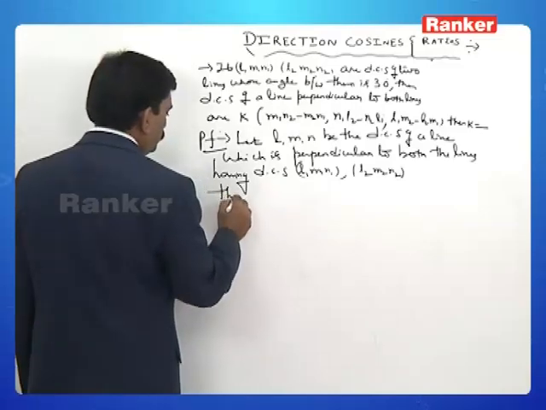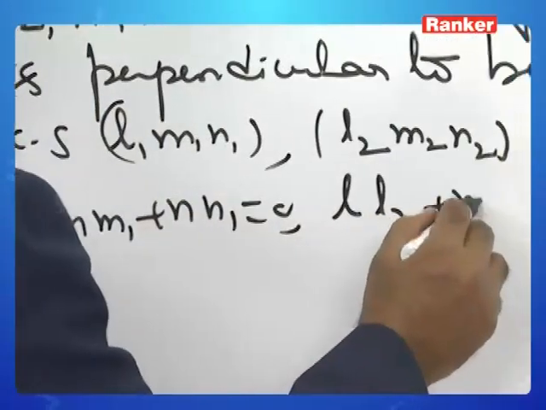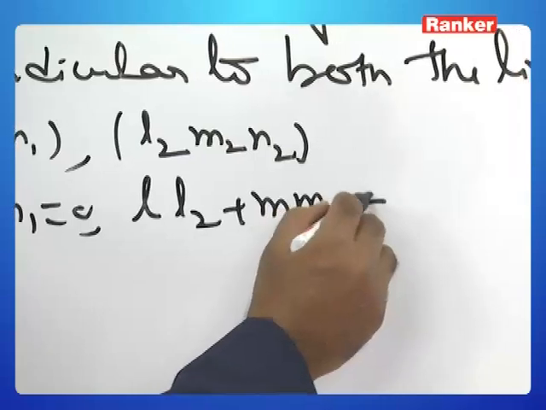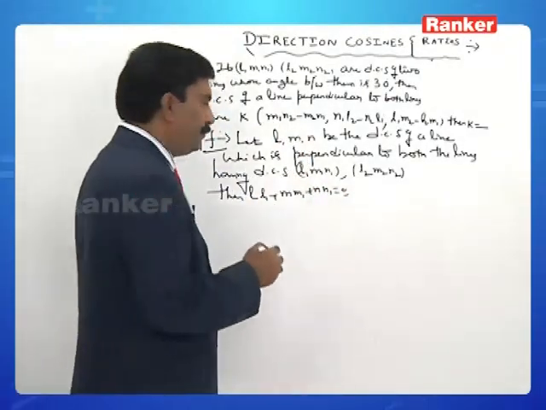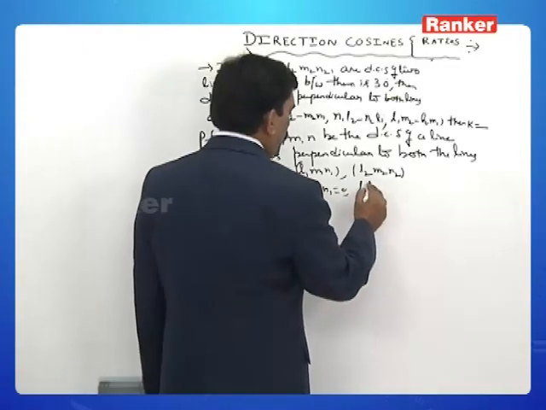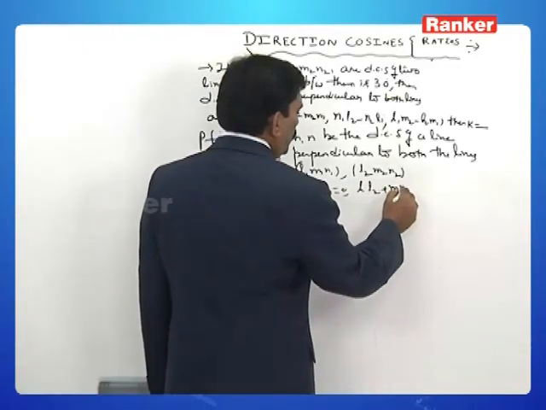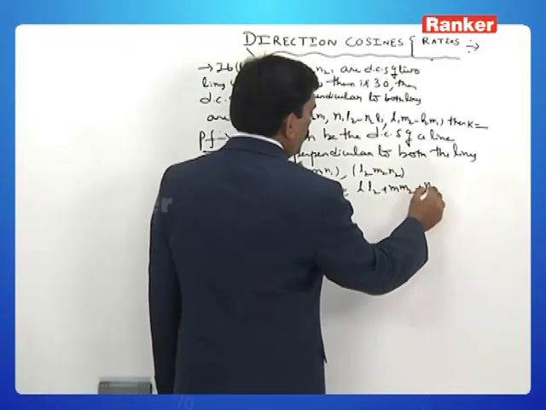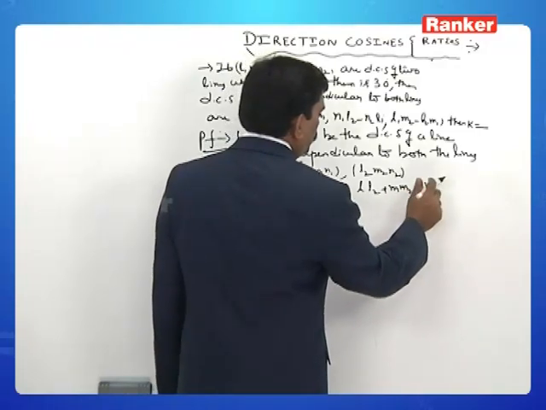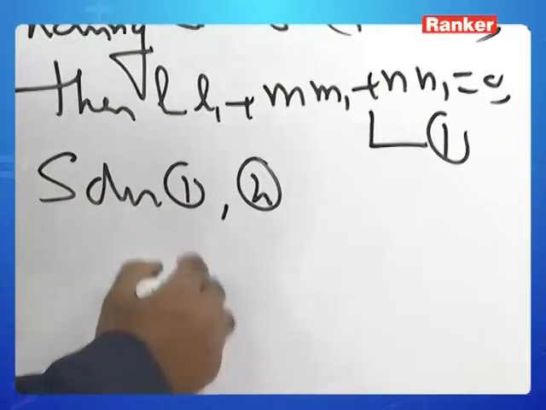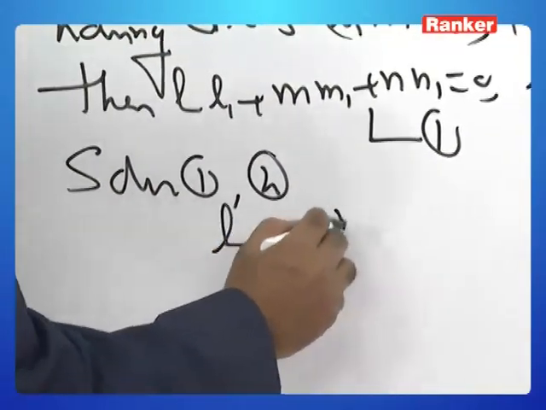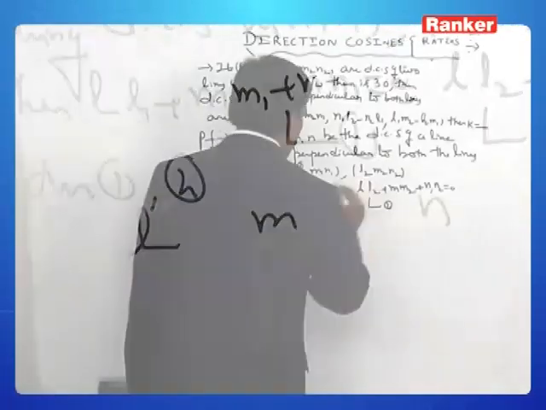Then l l1 + m m1 + n n1 is equal to 0, and similarly l l2 + m m2 + n n2 is equal to 0. So if you take this into consideration, this is equation 1, this is equation 2.